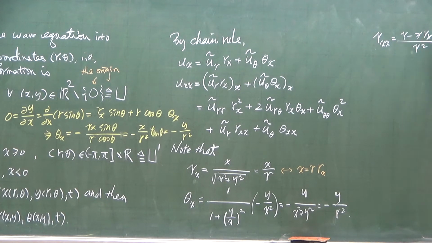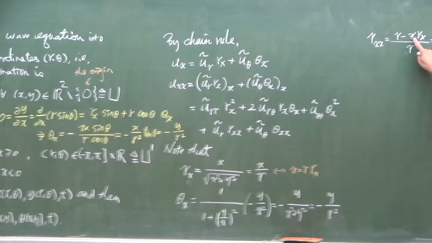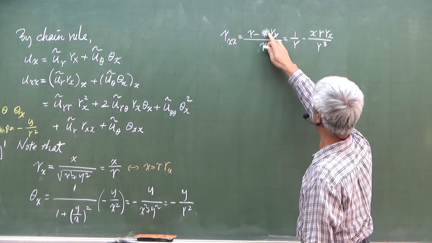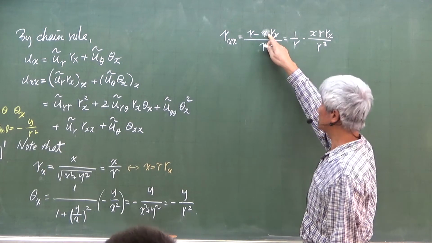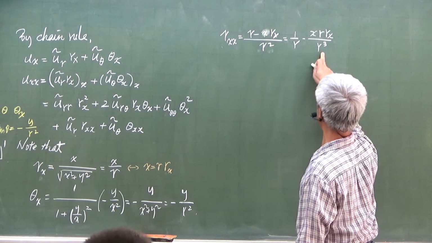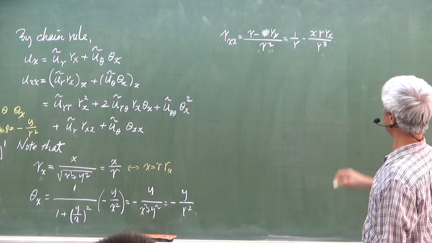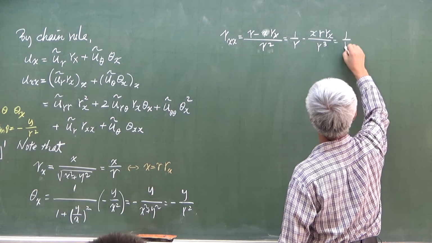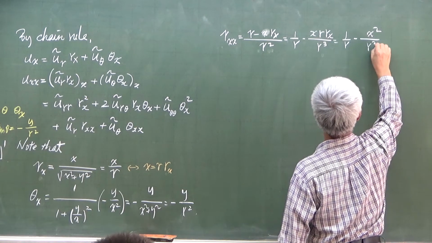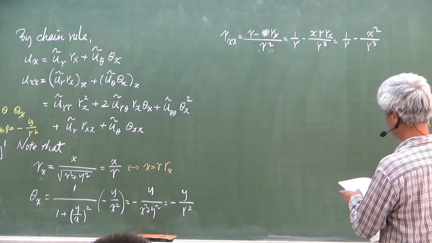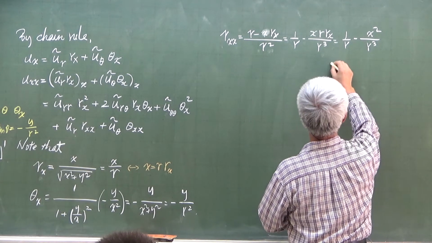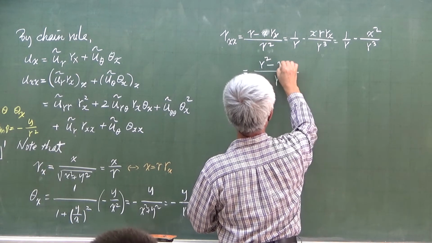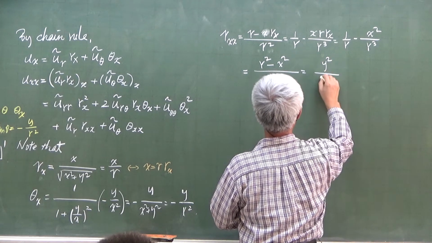Because this term is 1 over r, and this term is minus x times r x over r squared, but I multiply r in the numerator and the denominator again, so I get r cubed. The reason is that r times r x is equal to x, so I get x squared. And so I have r squared minus x squared, so this is y squared over r cubed.